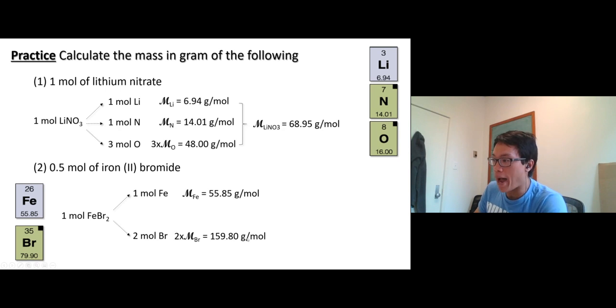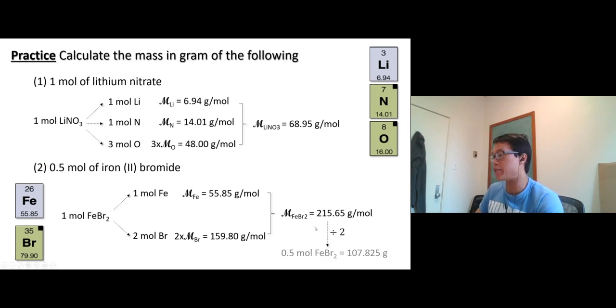Combine this mass. This is the molar mass of iron(II) bromide per 1 mole. The question asks for only half a mole, so divide that by 2. Here we go, 107.825 grams, or with the right number of significant figures, 107.83.